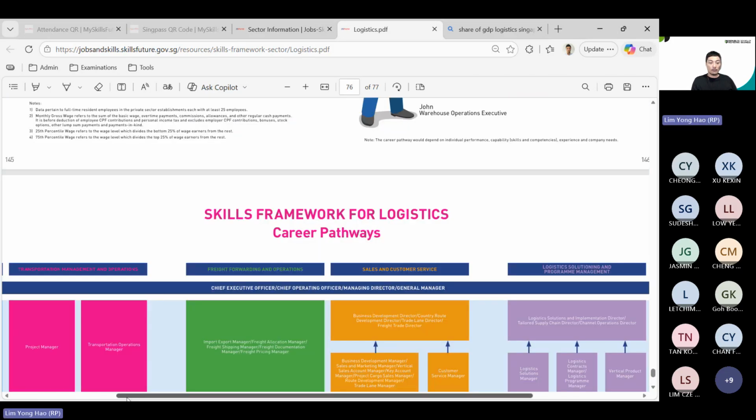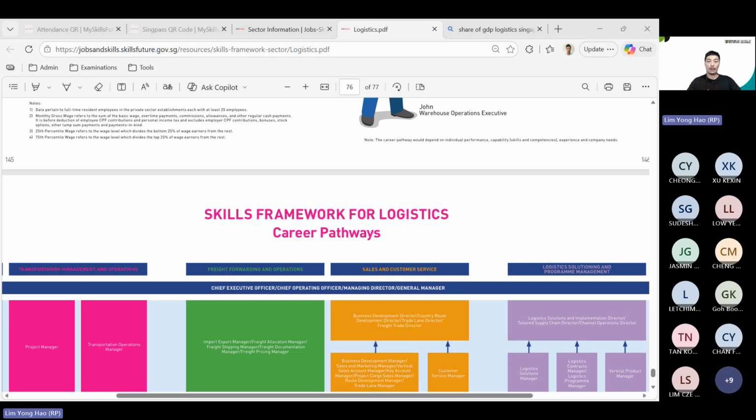Okay, so maybe I'll stop here for a while. We don't have a lot of time left, but I really just want to hear from all of you. I'm just scrolling down this logistics industry map. What are some of the key things that you notice that will be very helpful to help someone explore the logistics sector?